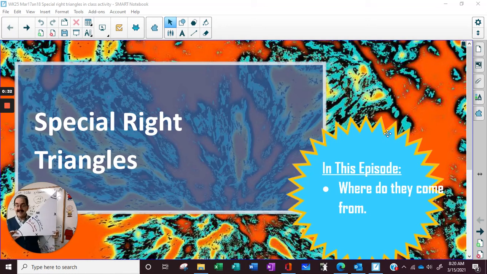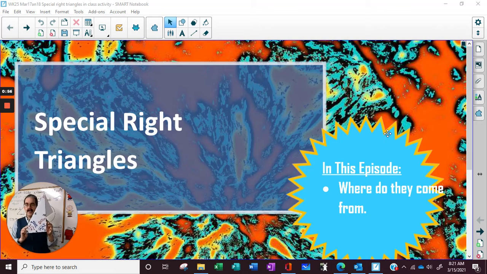Well, when we divide this in half, this hypotenuse has a relationship to the two legs, 45, 45, 90, special right triangle. Then, today we're going to look into this idea of an equilateral triangle divided in half.